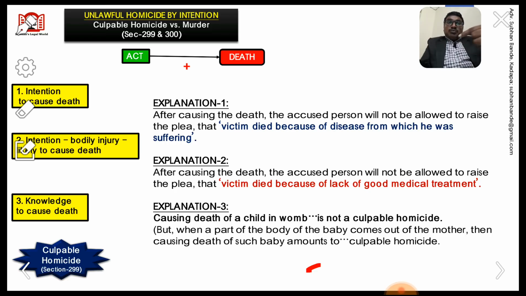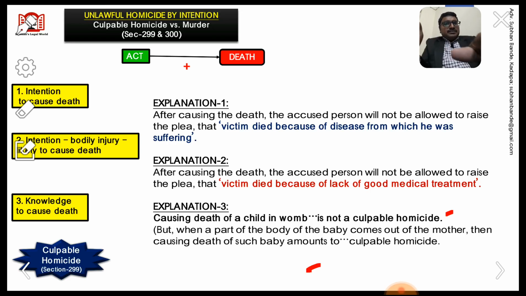Whenever even a small part of the body comes out from the womb of the mother, and subsequently the accused causes the death of such a neonatal baby, that also amounts to culpable homicide. If the baby is completely in the womb of the mother and the accused causes the death of the child in the womb, that does not amount to culpable homicide. We need to understand these three explanations under Section 299.